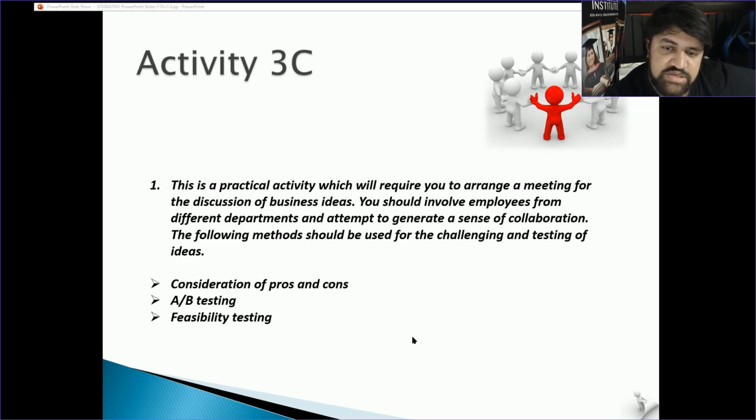The following methods should be used for challenging and testing ideas. So we're thinking about consideration of pros and cons, feasibility testing, and A/B testing. In this case, when you are doing the A/B testing method, maybe we're doing 2 or more ideas.